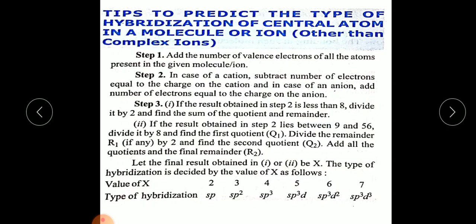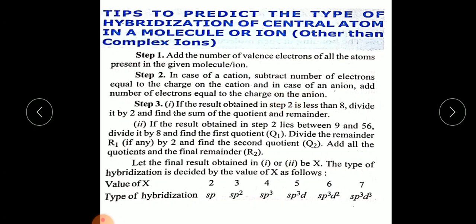In case of a negative ion, that is an anion, add a number of electrons equal to the charge on the anion. So whatever charge is there, you need to add it.